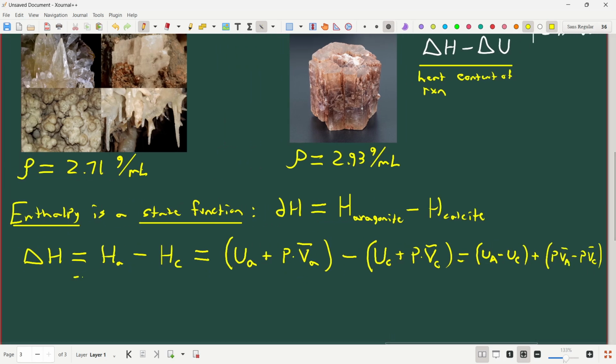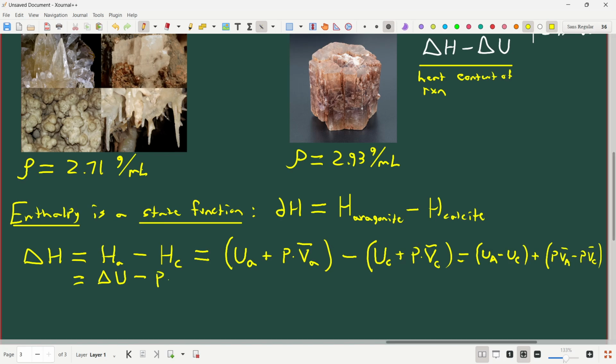Right? And this is equal to the change in the total energy, plus the pressure times the change in the molar volumes. Let me do that in a different color to make it more obvious. Right? So the enthalpy content is exactly what we expect.